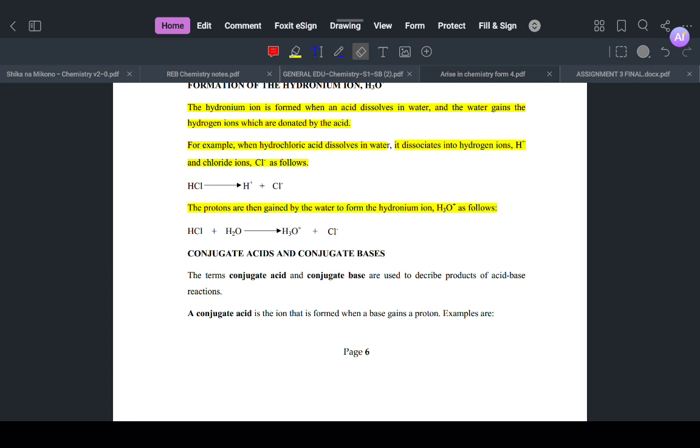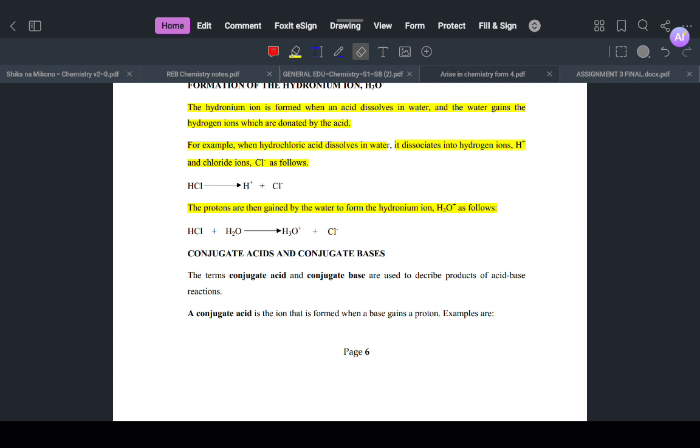So that's called the Lowry-Bronsted theory. According to the Lowry-Bronsted theory, an acid donates a proton or a hydrogen ion, while a base accepts or receives a hydrogen ion, which is also called a proton.